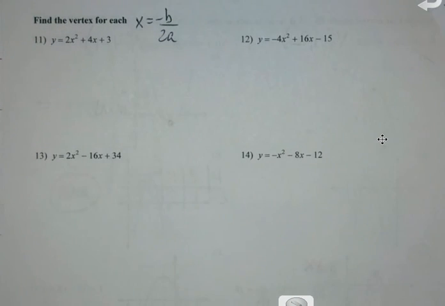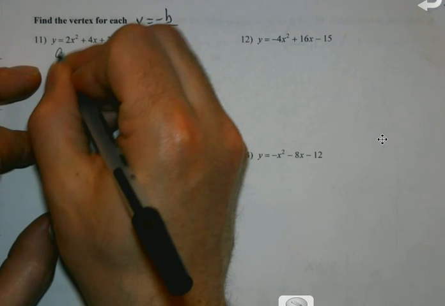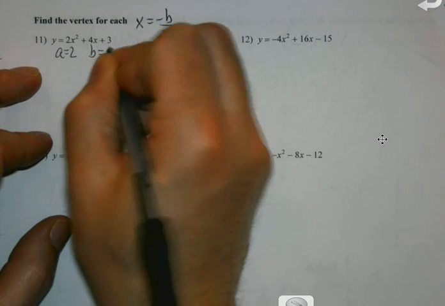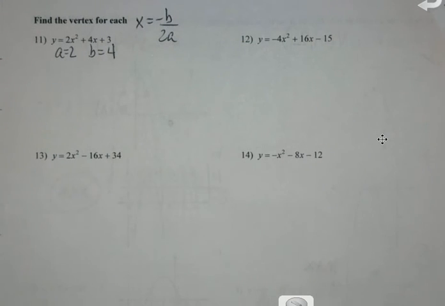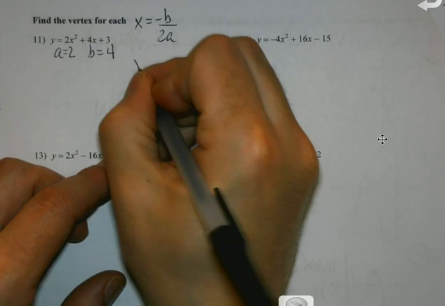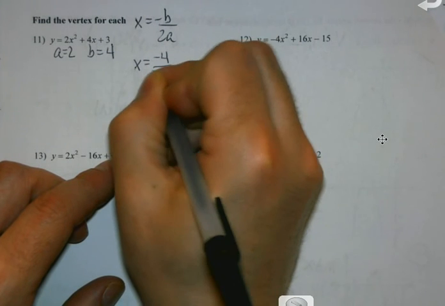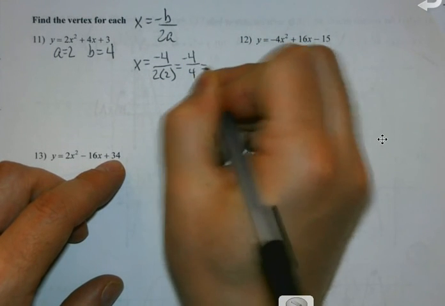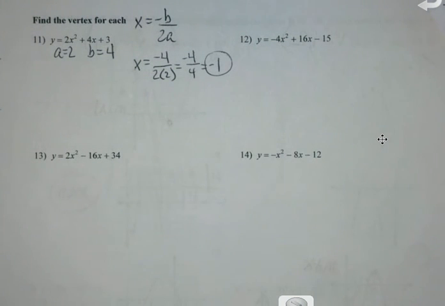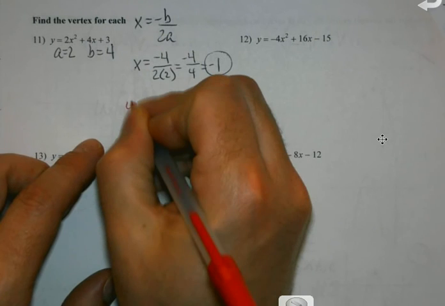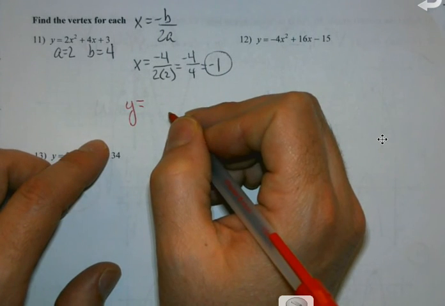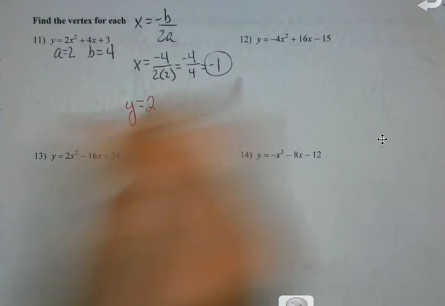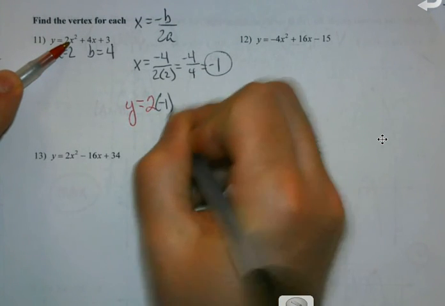Okay, so back here, no graphing, just making sure we can find a vertex. So my A is 2, my B is 4, then I just plug it in here: -b over 2a. My x is -1. If you really wanted to plug this into the calculator, you could, but I don't think it's going to be necessary. Plug in my -1 where the x is at.